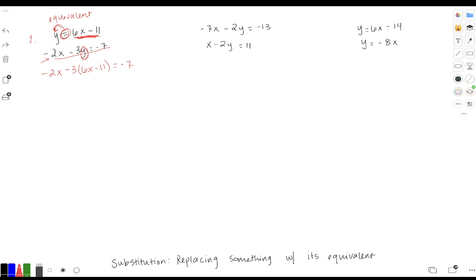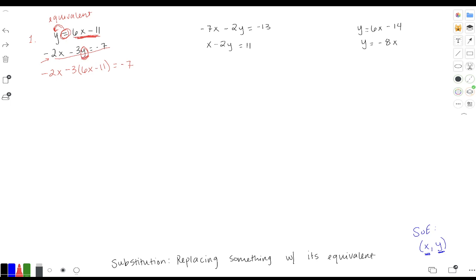Okay, now, why did we do this? Okay, when we are solving a system of equations, it is going to have a solution of x comma y, a shared x value and a shared y value. The reason that we plug this 6x minus 11 into this equation is because we need to get this equation to a point where we can solve for a single variable.